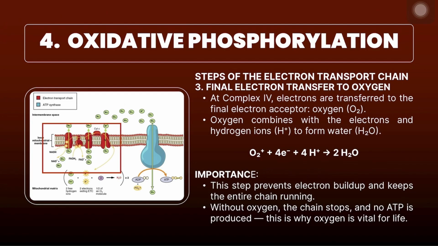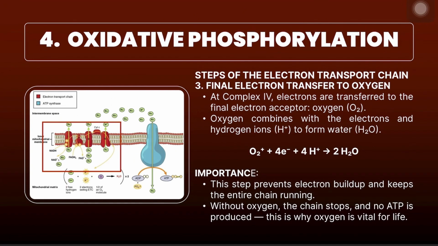Here, the oxygen will combine with electrons and hydrogens, and in order to form water, we will use this reaction. So, to summarize the electron transport chain, it transfers the high energy electrons from the NADH and FADH2 to oxygen, and then it uses the energy to pump the hydrogen ions across the inner membrane.